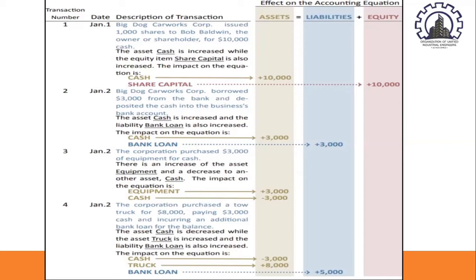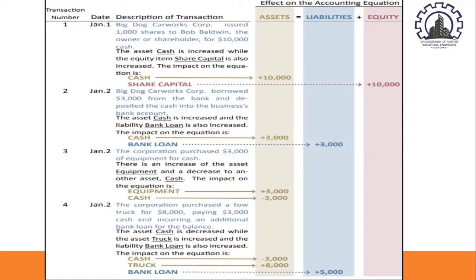In order for us to determine which account has an effect on our assets, liabilities, and owner's equity, we need to analyze the transaction first. And in analyzing the transaction, we need to determine which accounts are involved.